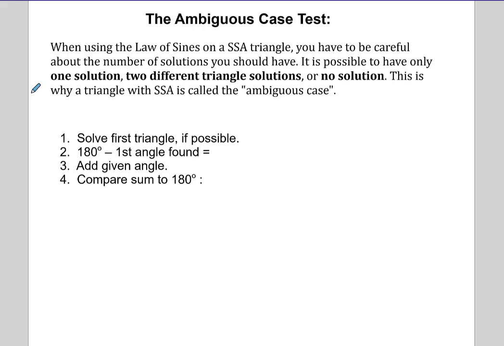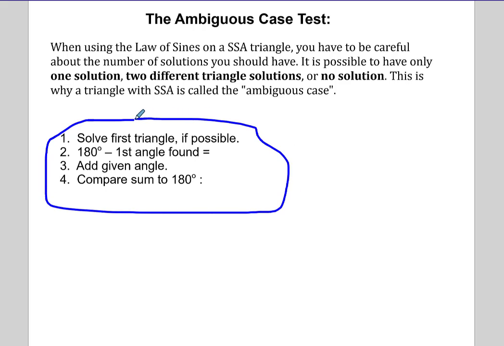When you use the law of sines on a side-side-angle triangle, you have to be careful about the number of solutions you should have. It's possible to have one solution, two different solutions, or no solution at all. And that's what we're going to see. So there's a test in case you want to try that out.